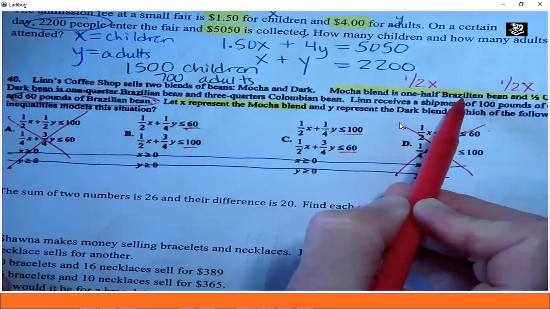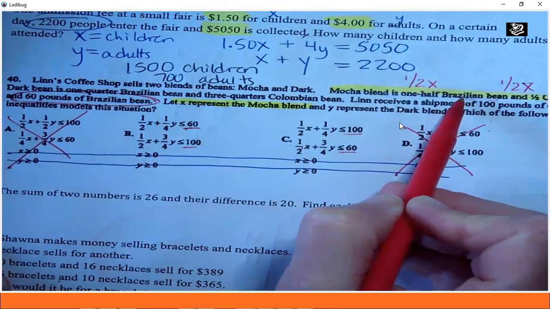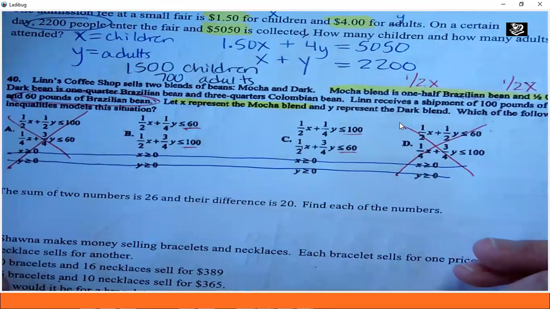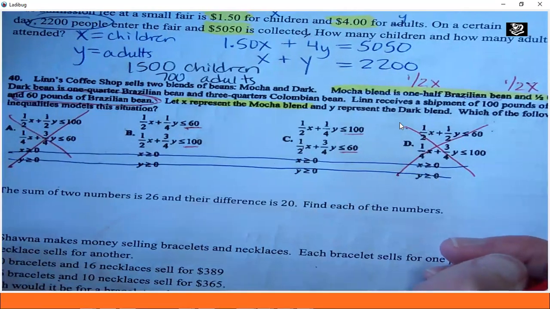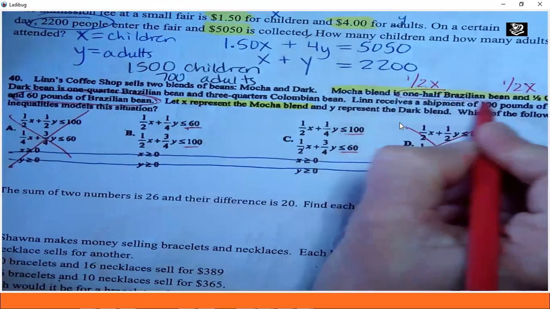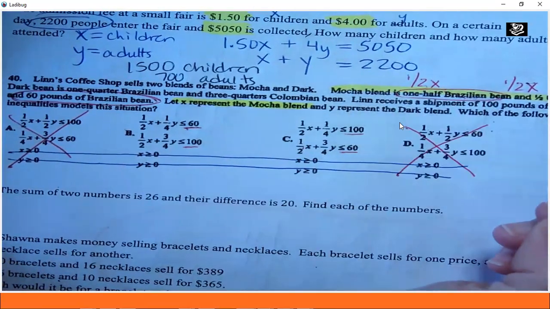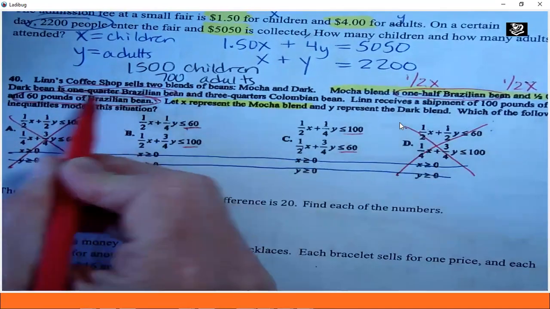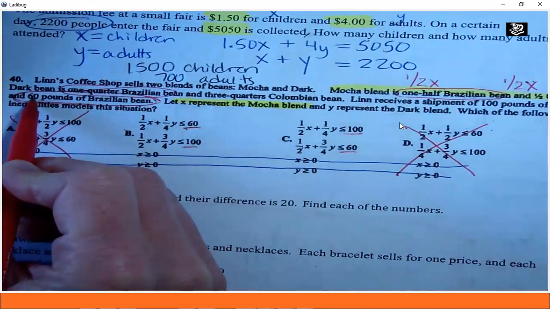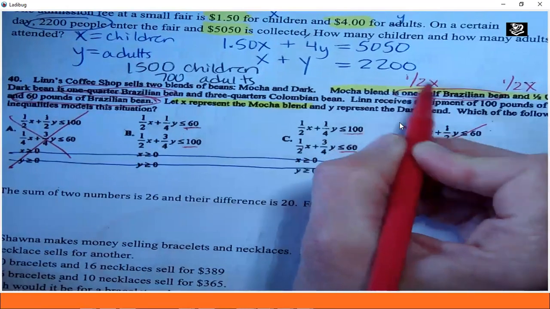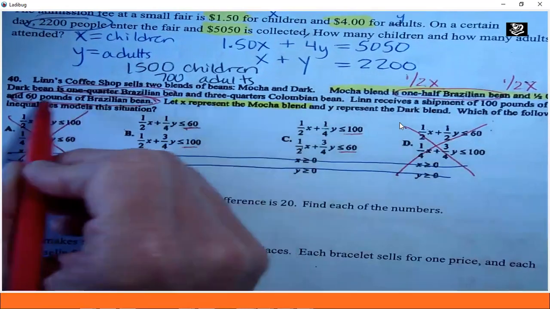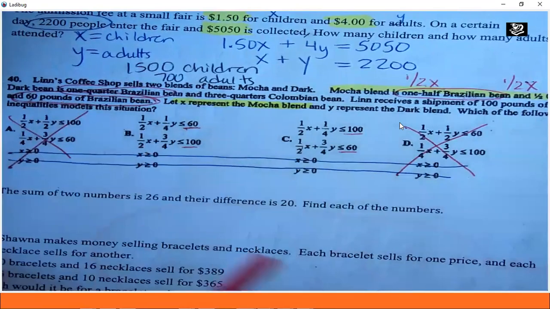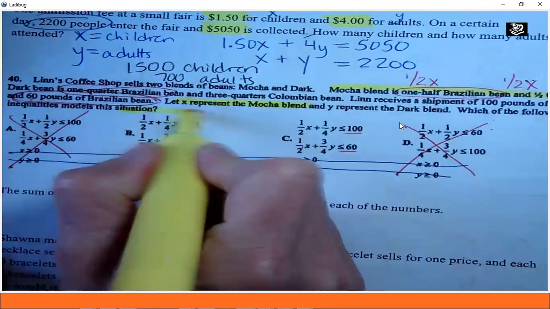What else do they tell you about Brazilian beans? 1/4. So I need 1/2, 1/4, and it should give me a total of 60. So which one has 1/2, then 1/4 for a total of 60 pounds? B. So your answer is B.